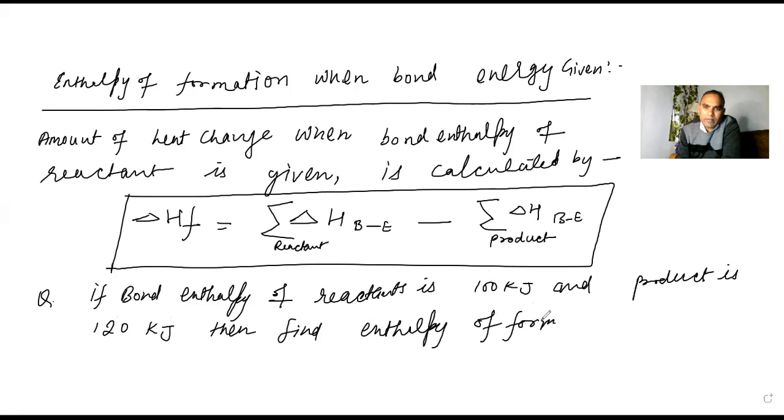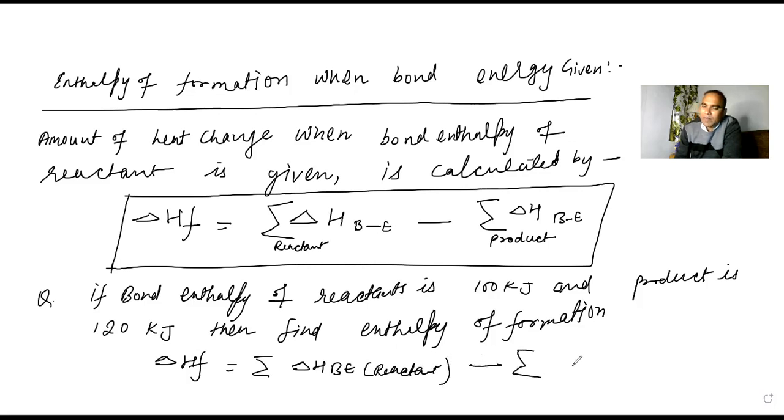So this is a very simple problem where, as a whole, the summation is given. If you are writing delta Hf, we can write summation of delta H BE of the reactant, minus product. You need to memorize that it is reactant minus product.